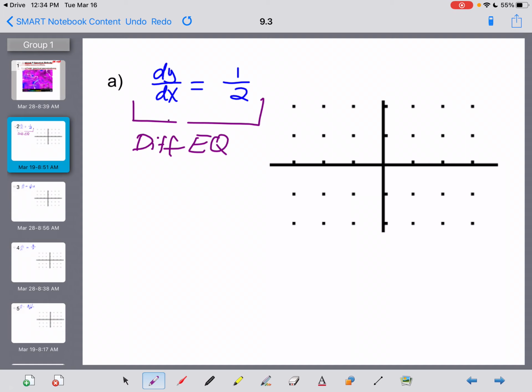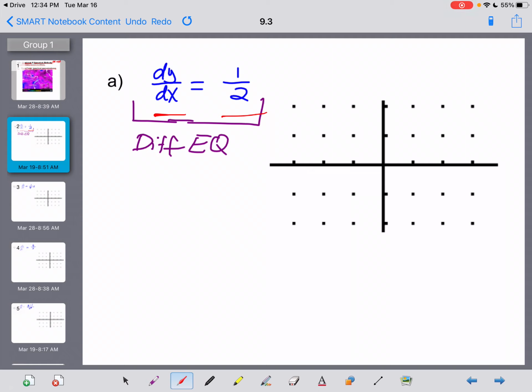Now, all we do with a slope field is we are going to draw a tiny little line segment at every point where they tell us to draw one that has a slope equal to this derivative right here. Because after all, what does dy/dx tell us? The derivative is the slope of our tangent line. So this is a very unusual example because your derivative is a constant.